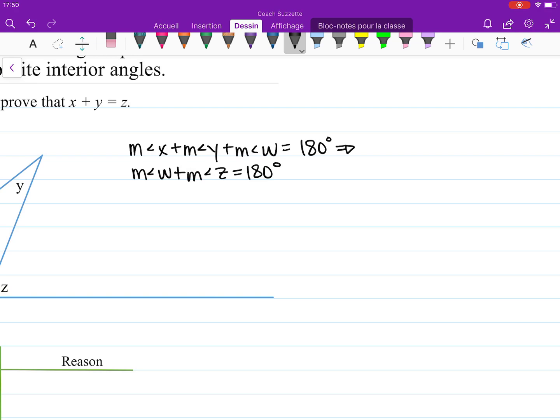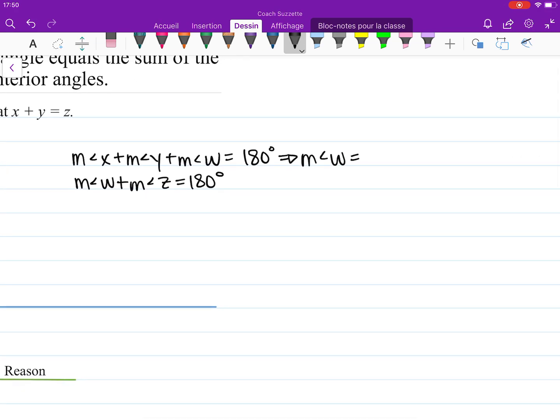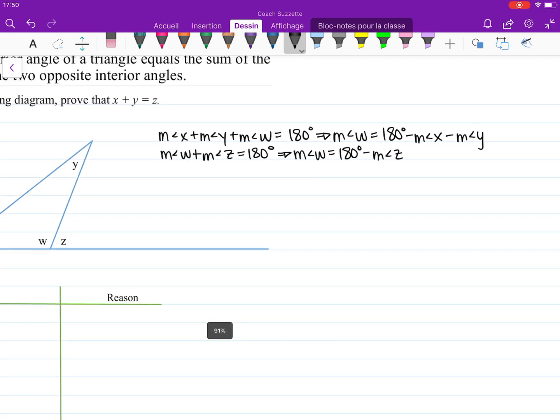So that would be measure of angle W is equal to 180 degrees minus the measure of angle X minus the measure of angle Y. So it's like we did minus the measure of angle X on both sides and minus the measure of angle Y on both sides. Similarly here, measure of angle W is equal to 180 degrees minus the measure of angle Z. It's like we did minus the measure of angle Z on both sides.